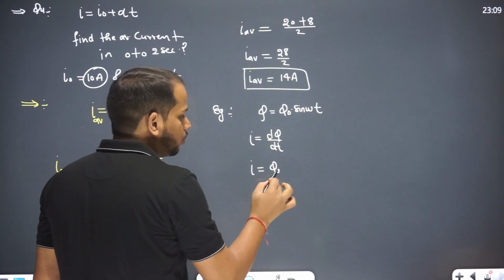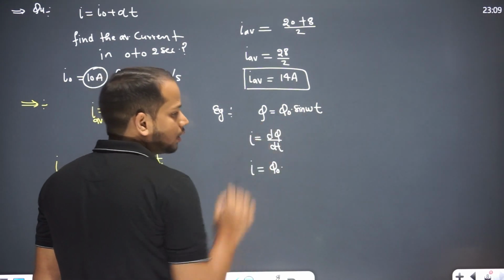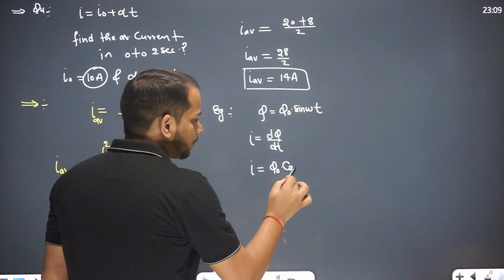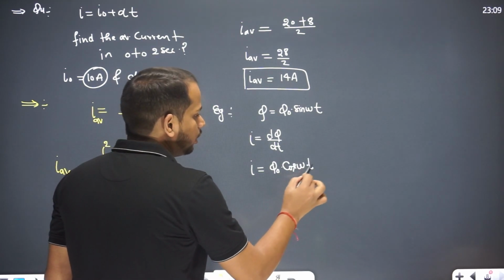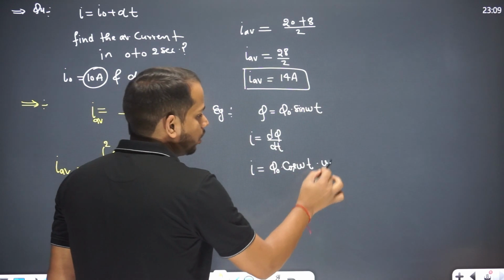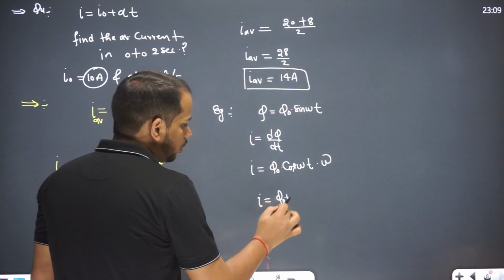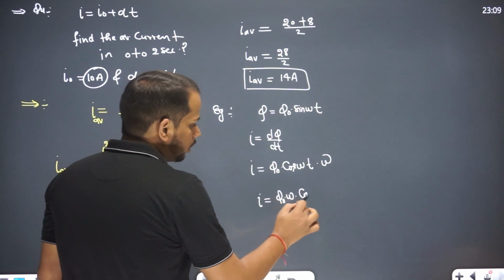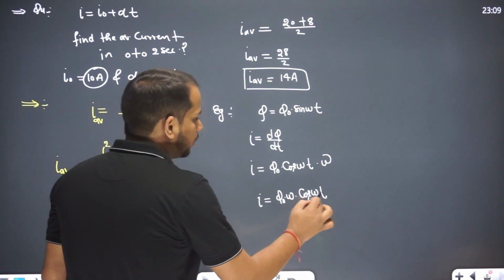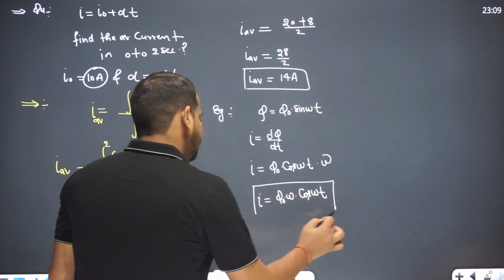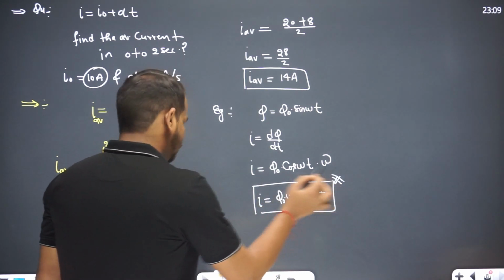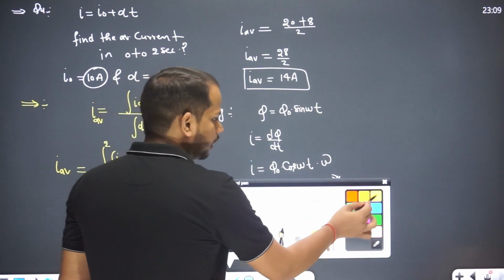It becomes Q naught into the differentiation of sine omega t, which is cos omega t, into the differentiation of the angle, which is omega. So I is Q naught into omega into cos omega t, right? This is called alternating current, a type of alternating current we have.